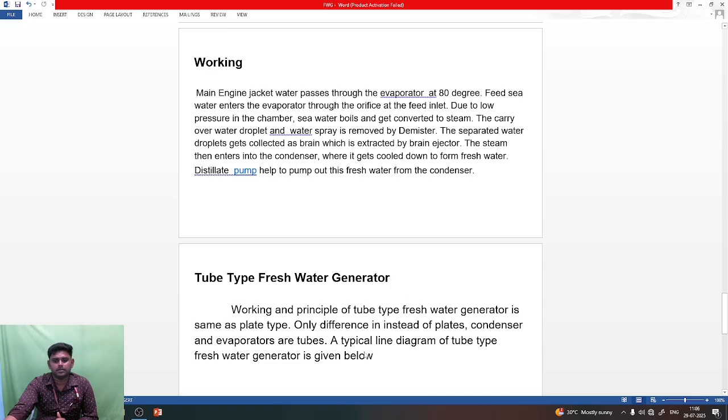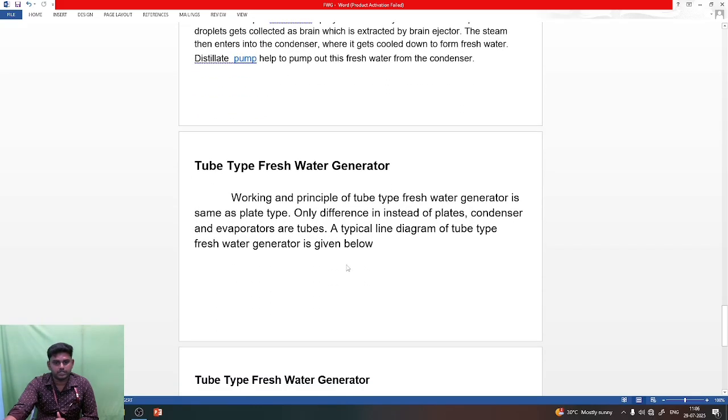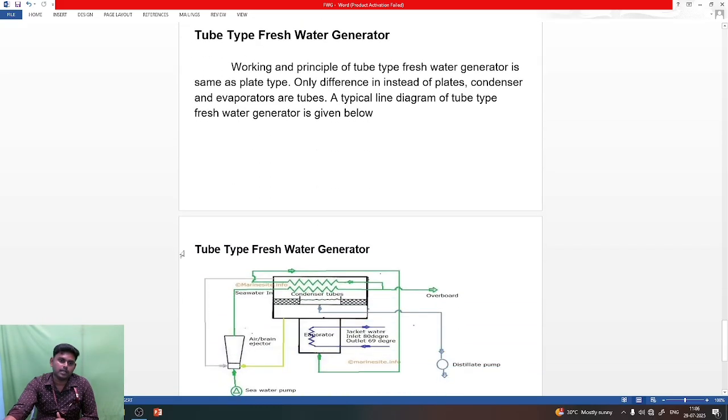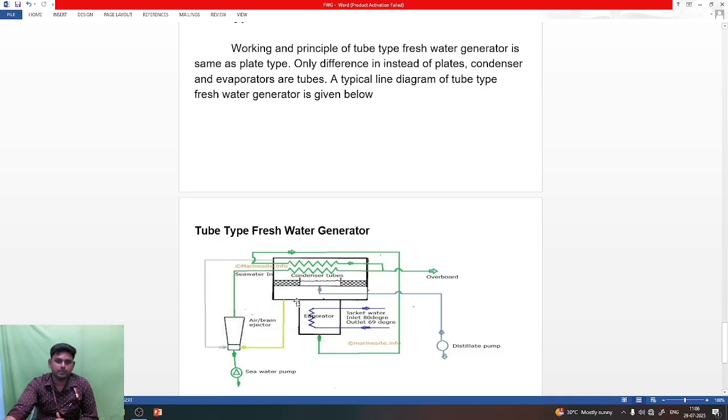Here in the diagram, the tube type freshwater generator is given below. This is the evaporator and this is the condenser, and here also the jacket water inlet is 80 degrees and the outlet is 60 degrees, and the water boils at 80 degrees Celsius. This happens only after we create the vacuum.